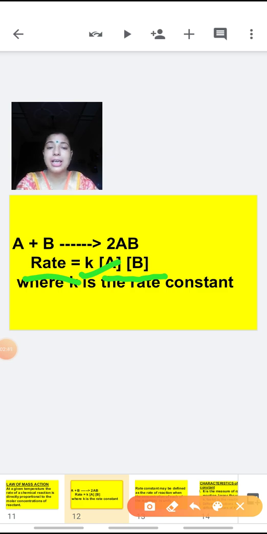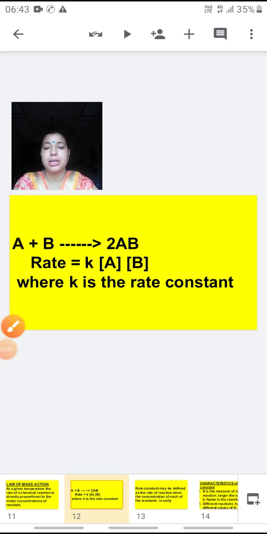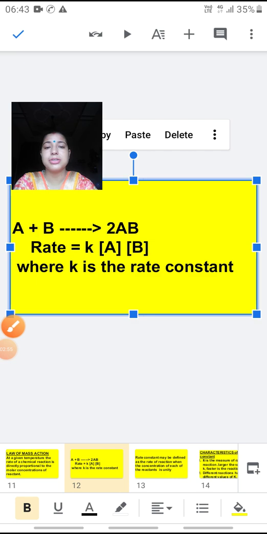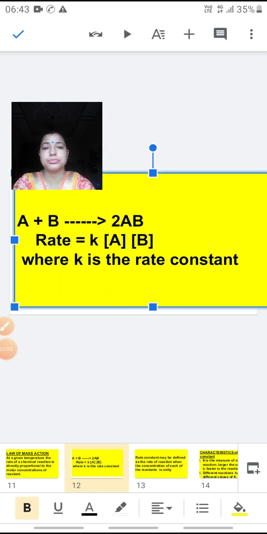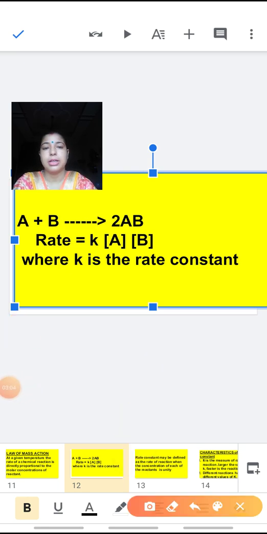Now, what is K? K is the rate constant. How will you define it? If in the same equation the concentration of A and the concentration of B become equal to 1, then K will become equal to rate.